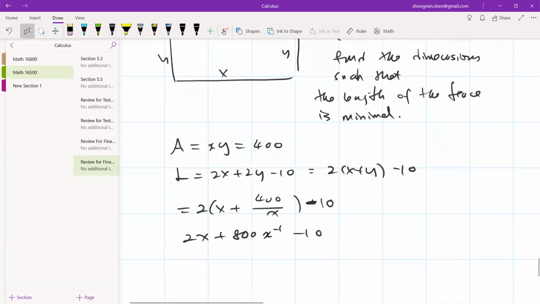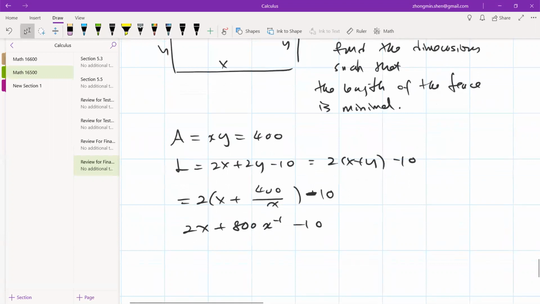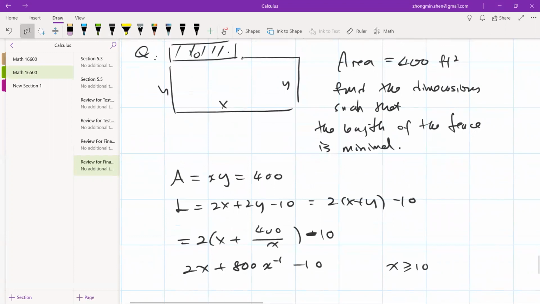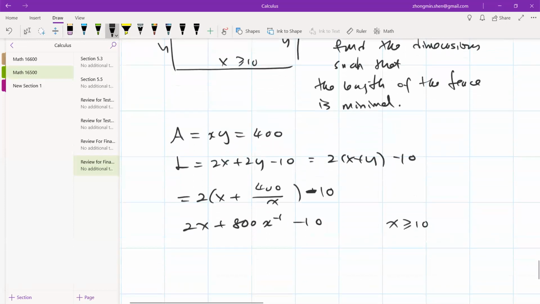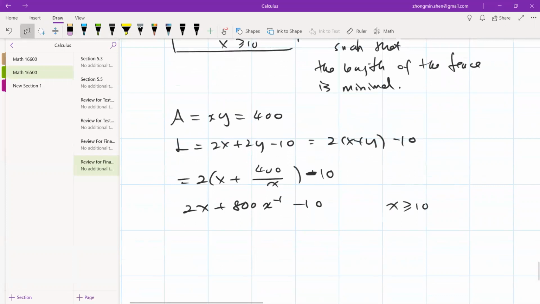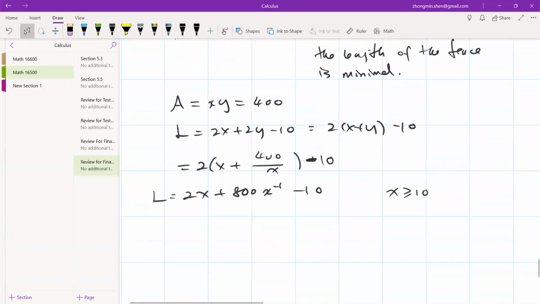I don't know how small the length is, but x must be greater than 10. Otherwise, this does not look like the correct picture. So that's the restriction: x must be greater than 10 to make the fence. The x can be longer. All right, so now you get a function like that, and you have to find the critical number.